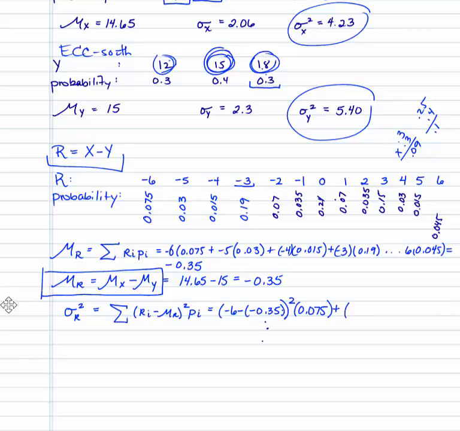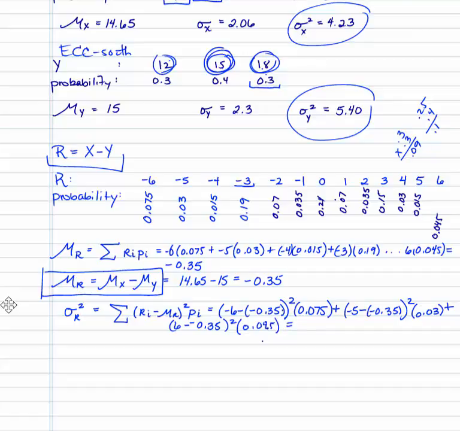Add it to -5, take away -0.35 squared, and times it by 0.03. Add it to, all the way through till you get to 6 minus -0.35. So these all end up being pluses in the middle here when you multiply them.